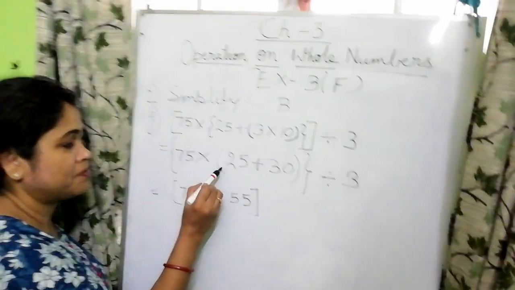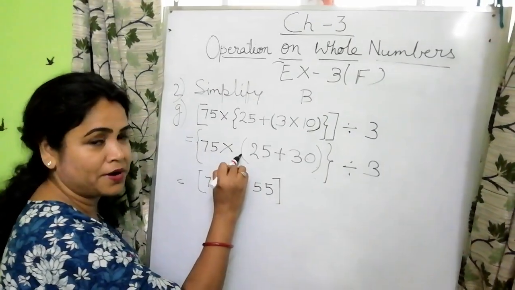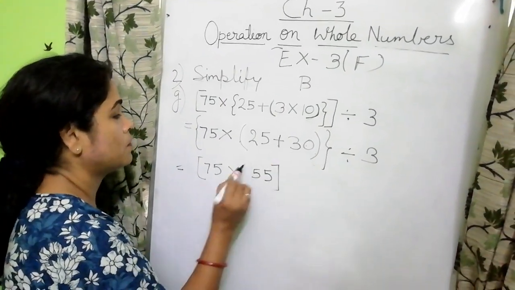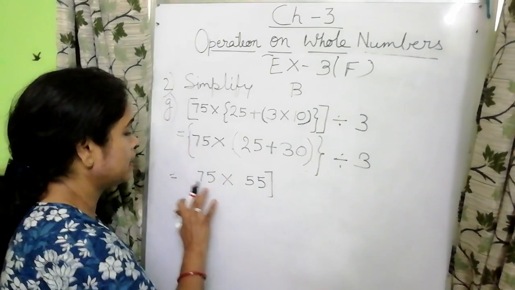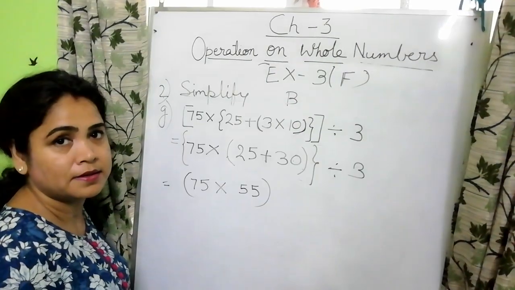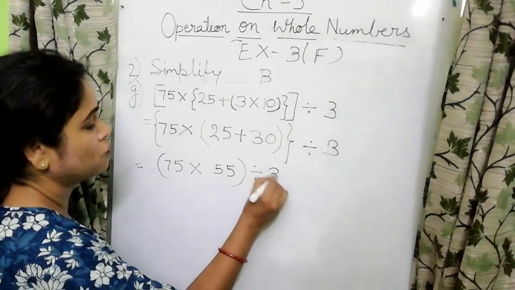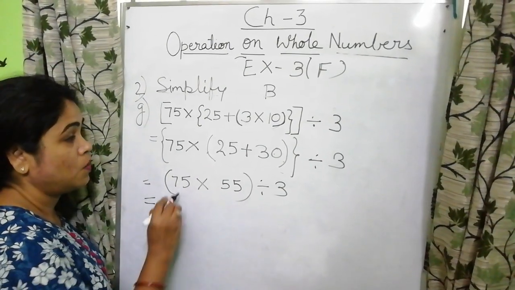Similarly here, now we have solved this big bracket. So this small bracket will now be solved. So we have got only the small bracket here. So this also we have to take care of. Then divided by 3. Now this multiplication.